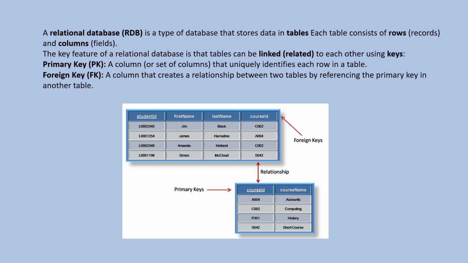Rows are called records and columns are called fields. So in the student table we have 4 records, and in the course table as well we have 4 records and 2 fields, and in the student table we have 4 fields.